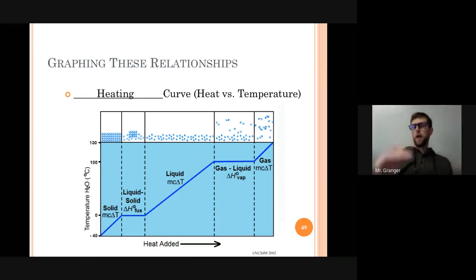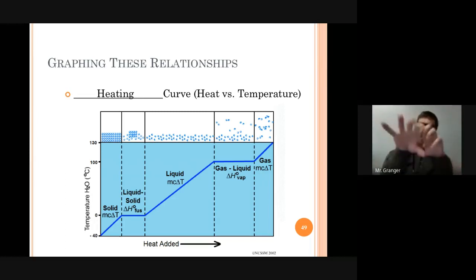So as we hit the 100-degree mark, if you look at the next segment of the graph, you can see that you have gas and liquid present at the same time. So down at the bottom of that box at the top, you've got some liquid that's still moving around very closely packed together, very dense.